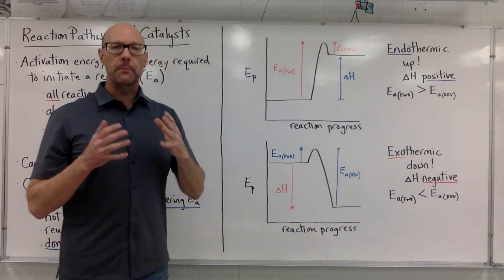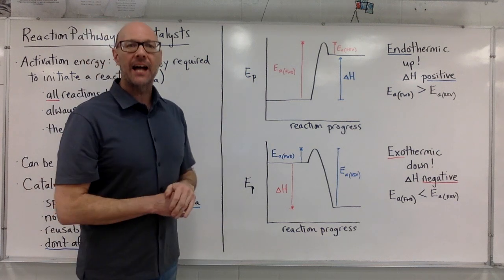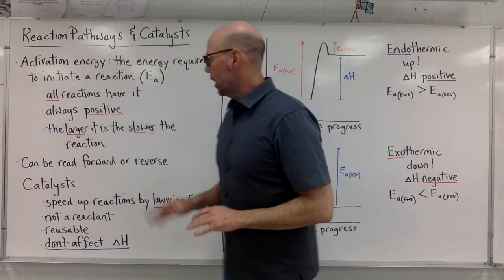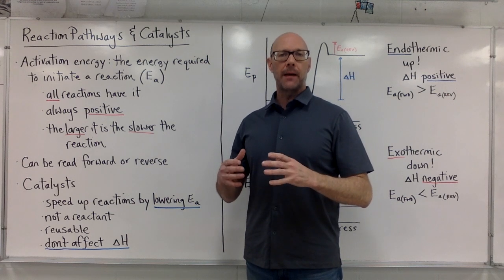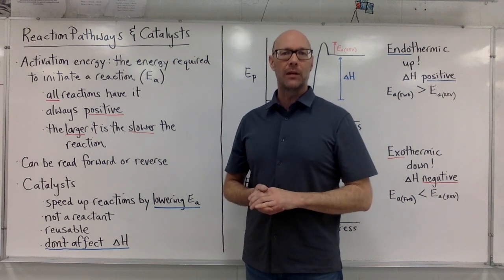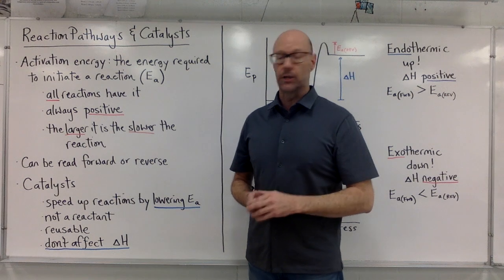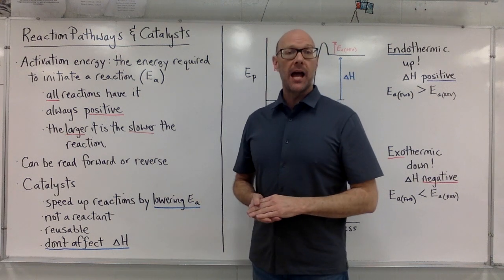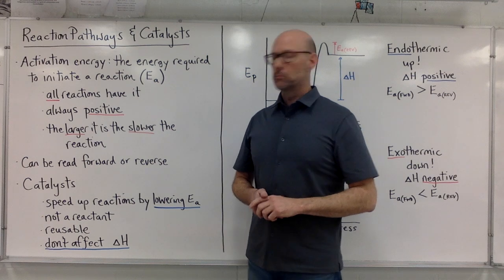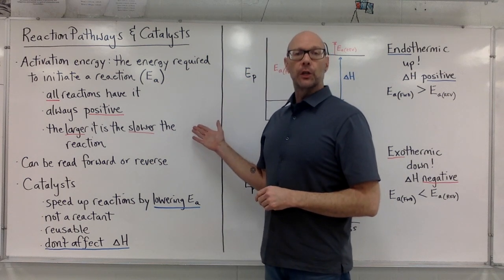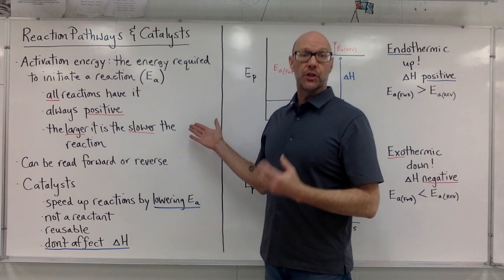An extra thing that can be added to these reaction pathways is the presence of a catalyst. A catalyst is a chemical added into the reaction vessel, into the container. It's going to speed up the reaction. It's going to reduce the activation energy. We said earlier that the larger the activation energy, the slower the reaction.